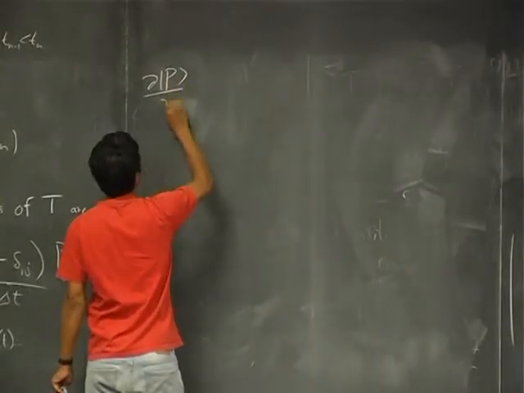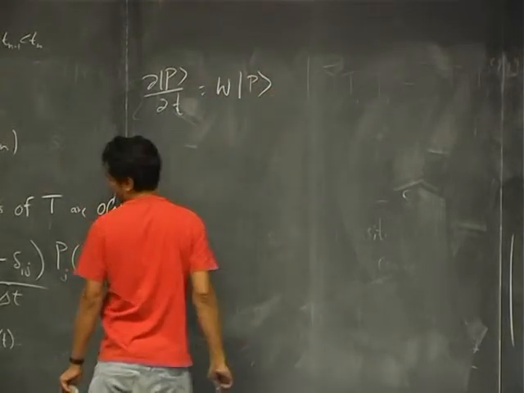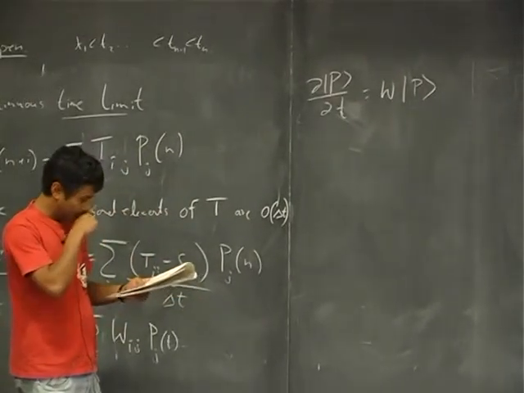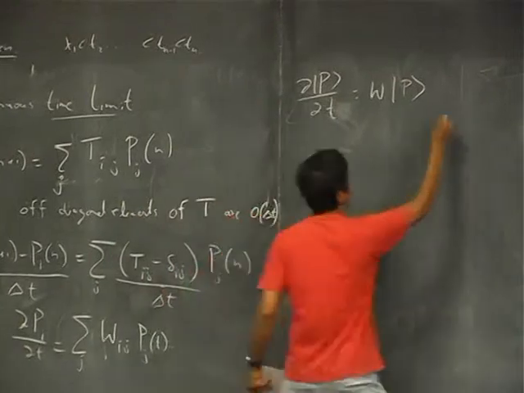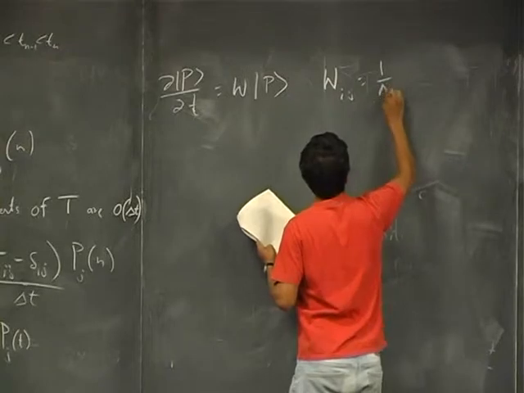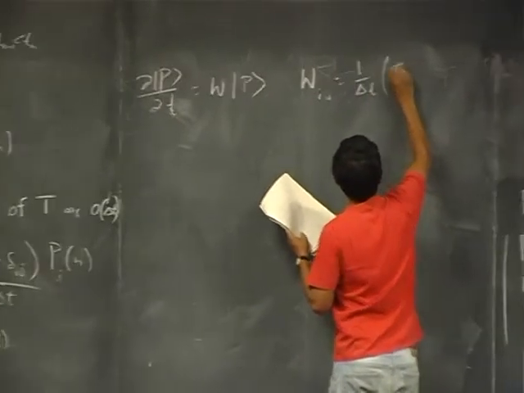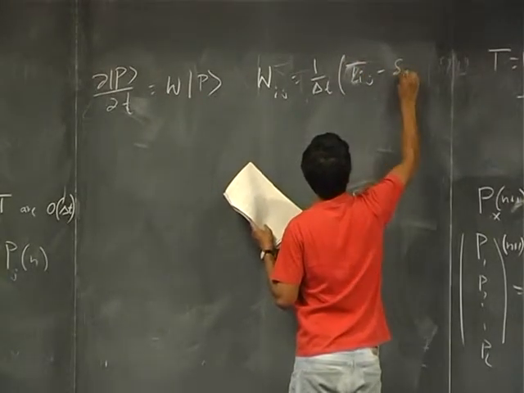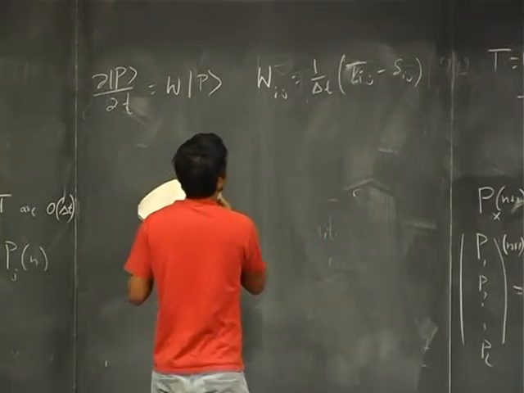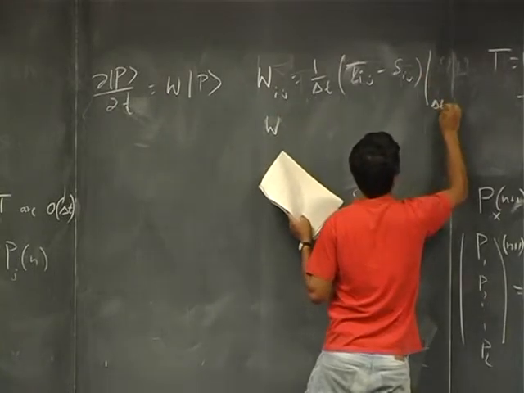So now it's del p del t equal to W times p, where wij... and this is delta t going to 0.